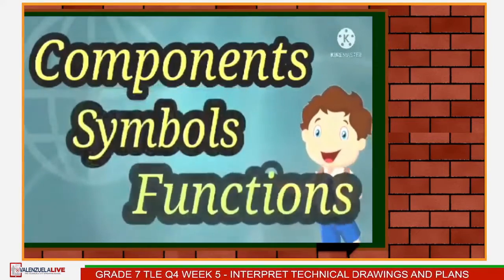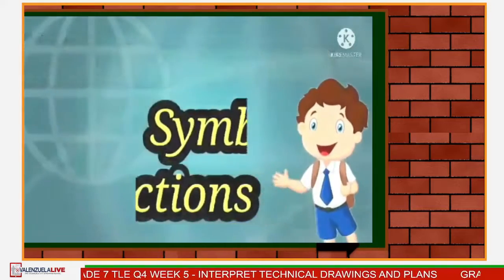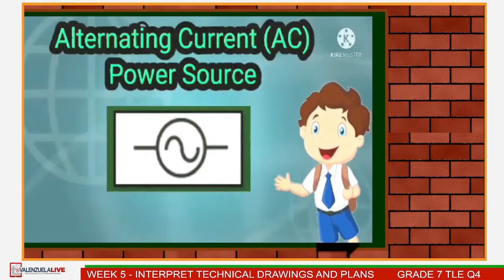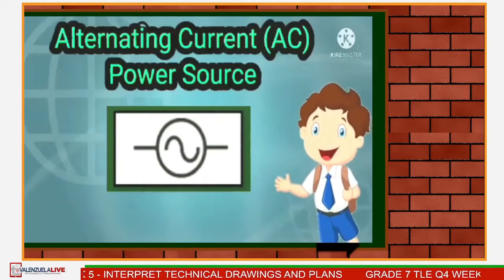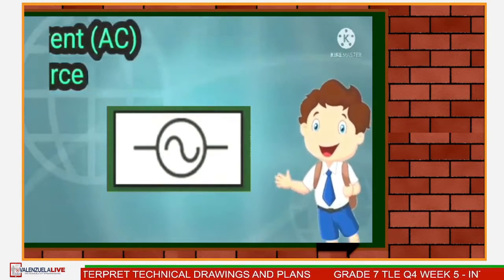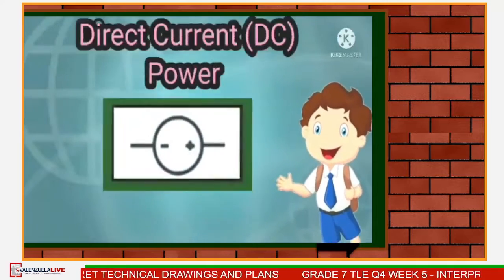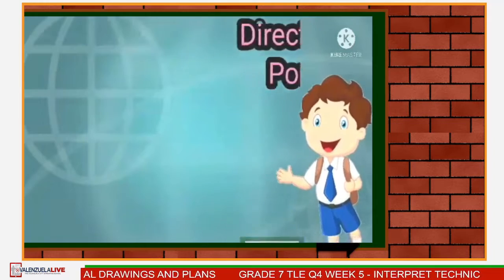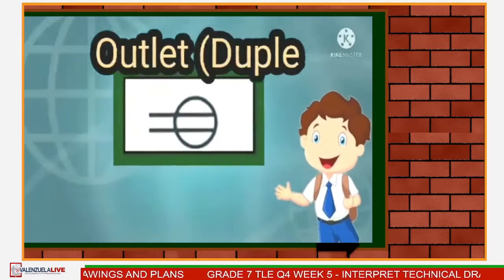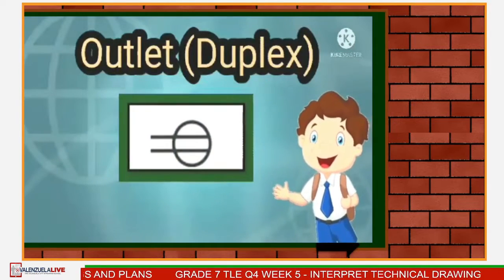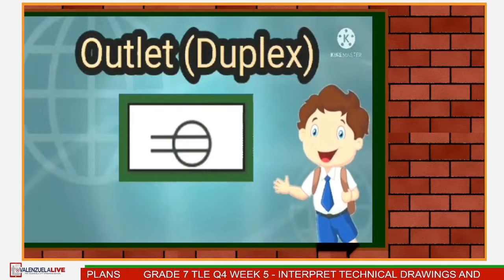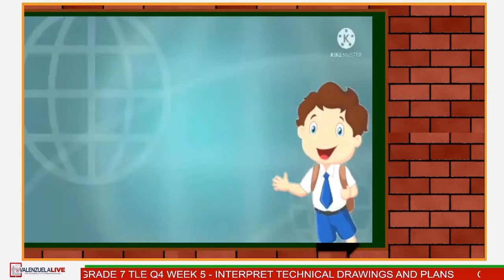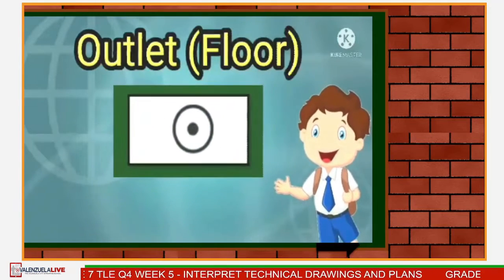Components with its symbols and functions. Alternating current, power source. Start electric current. Direct current, power source. Starts electric current. Outlet, duplex. Horizontal line on the left of the circle indicates that the outlet is wall-mounted. Outlet, floor.